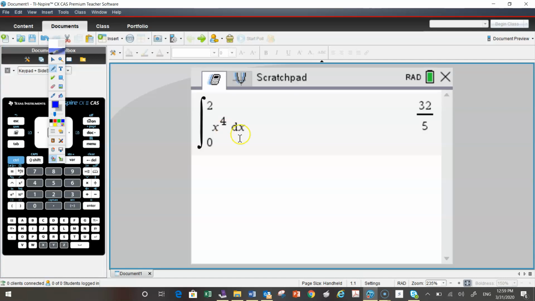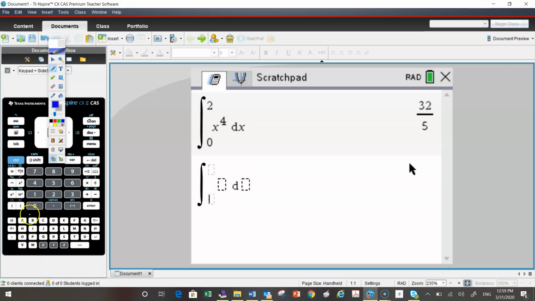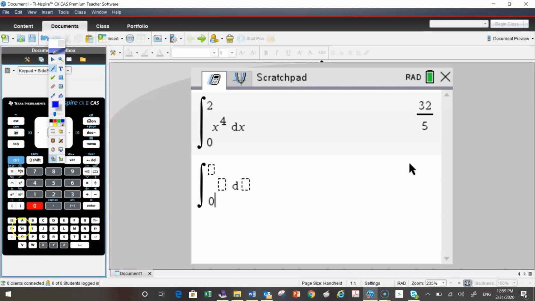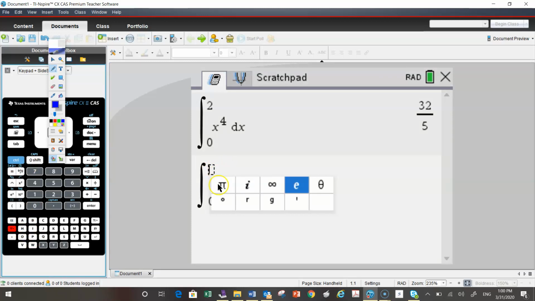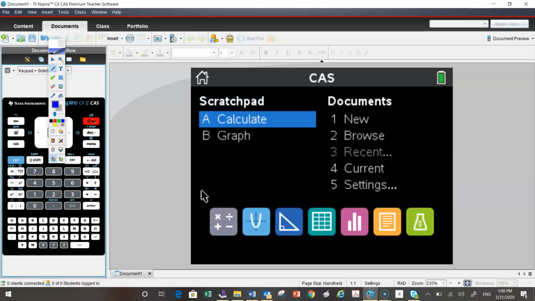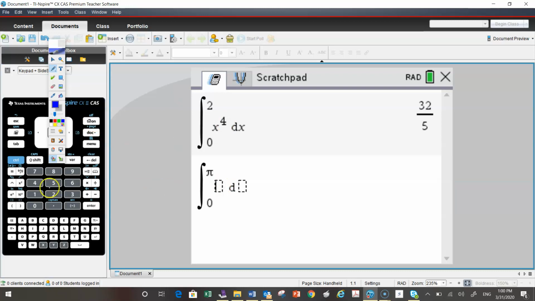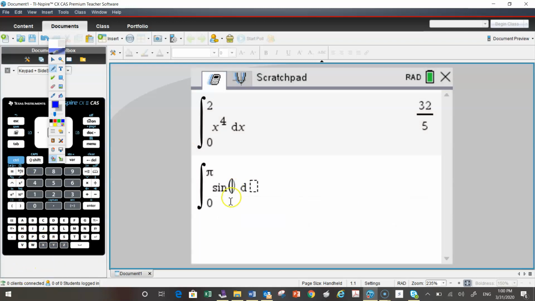So we'll go back to our calculate screen, and we want to do a definite integral from 0 to pi of my function, sine x dx.